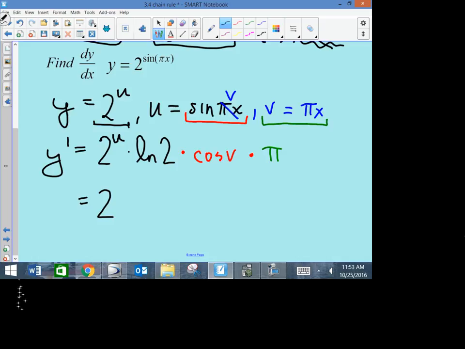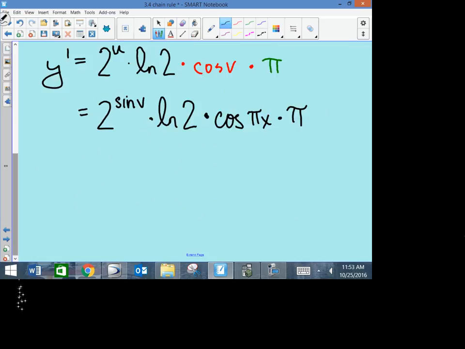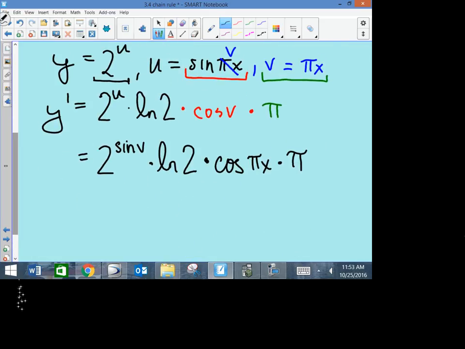Okay, now we put our u's back in. u is sine of v. I'll do this a little bit at a time. Cosine v is pi x times pi. So far so good. Let's put my u in here, and my v here.